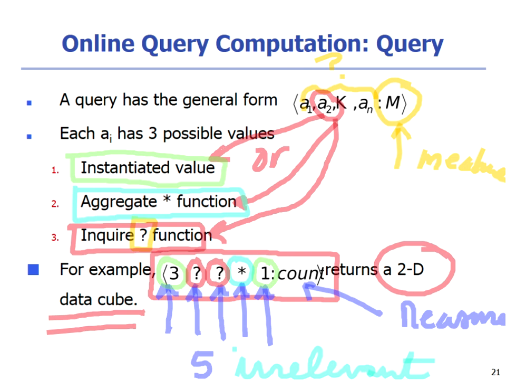ID and experience are instantiated, they are fixed. So the result of this query will be a data cube with the inquired dimensions. Is it clear? Yes, in my SQL example it is name and age. But here we talk about a multidimensional case.